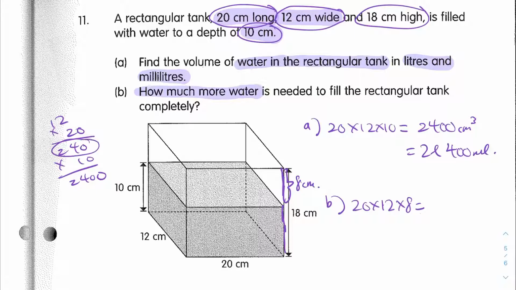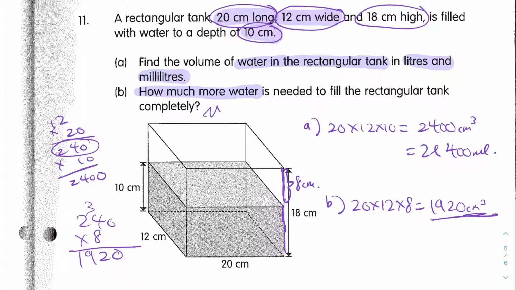So 240 times 8 would be 1920 cubic centimeters. You can leave it like this already, since the question doesn't say give in what. Or you can put 1 liter 920 milliliters. Either one is fine, but just put one answer.